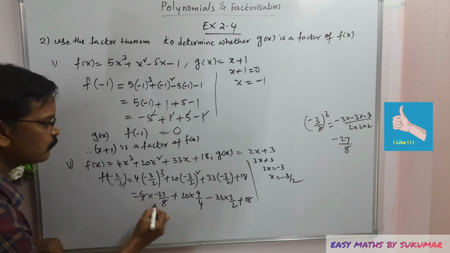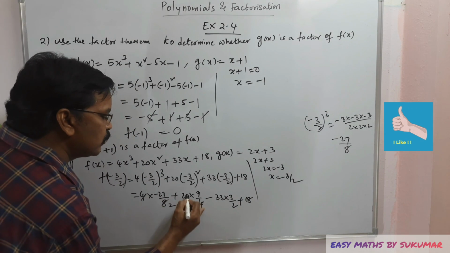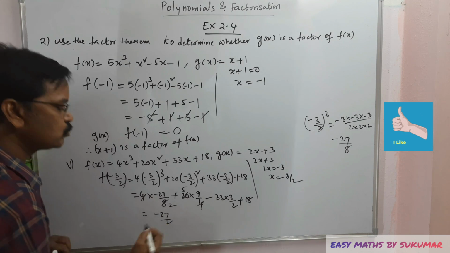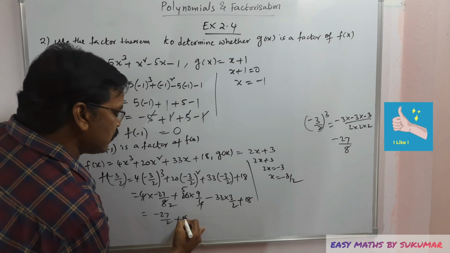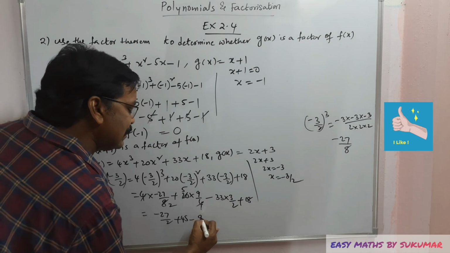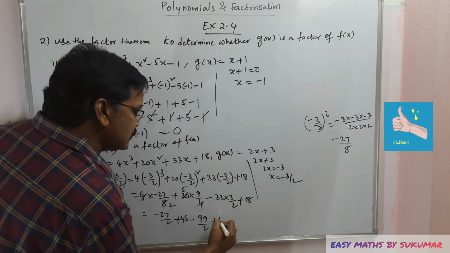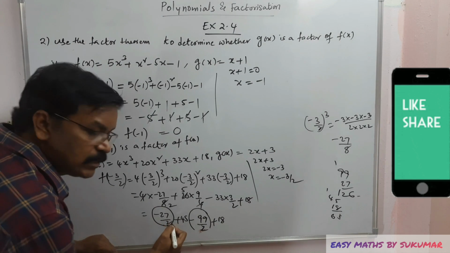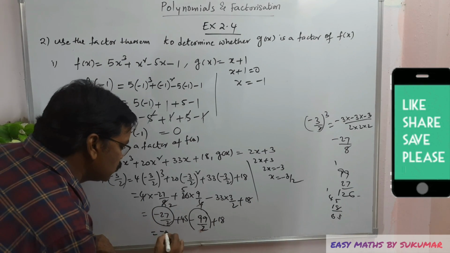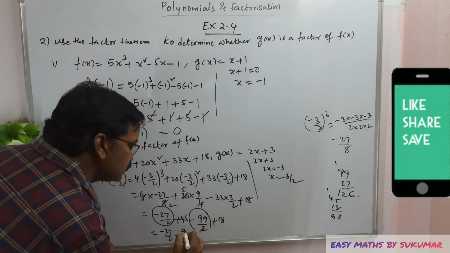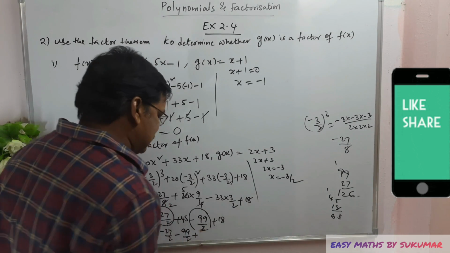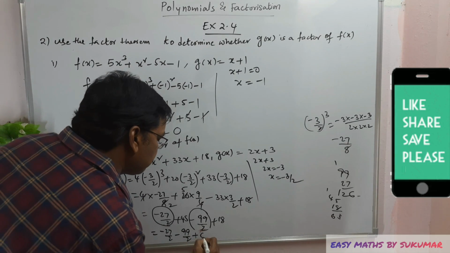Now 4 in 8 2 times, 4 in 20 5 times. That means minus 27 by 2 plus 5 9s are 45. Here 33 3s are 99 by 2 plus 18. Students, I take minus 27 by 2 minus 99 by 2, plus 45 plus 18, which is plus 63.